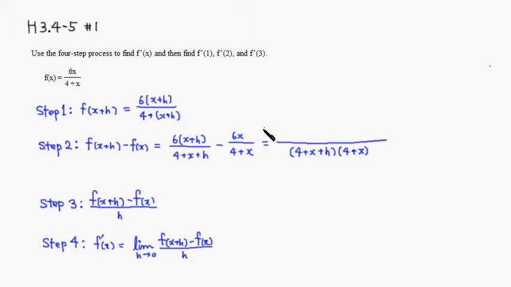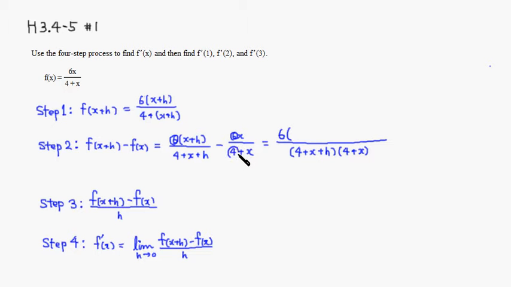Since 6 is in common, here 6 is here and 6 is here, so I'm going to place 6 right in front. Then for the first term, since we multiply the denominator by quantity 4 plus x, we have to multiply the numerator by quantity 4 plus x. I'm going to just go ahead and multiply.